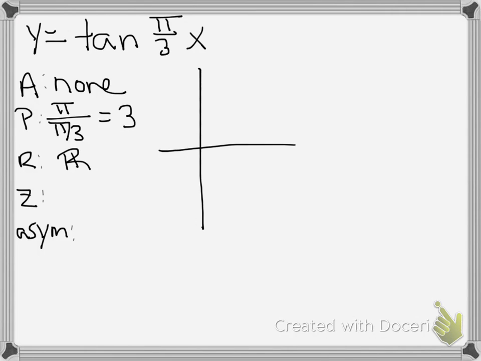Okay, with tangent, again, I like to go out 2 cycles because then I get to see a full graph. So when I do that, my marks are here. I know, again, my asymptotes are at the quarter points going on here. Our endpoints and the midpoint are the zeros.